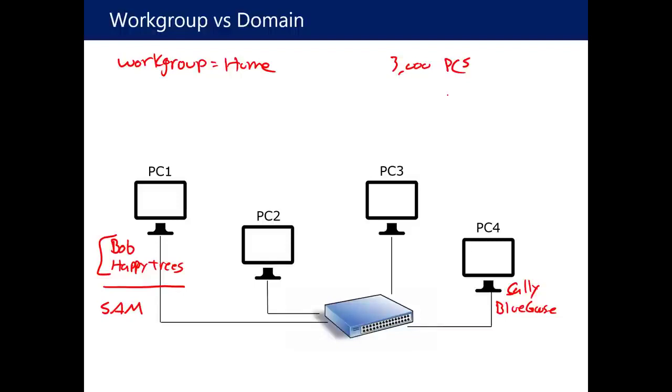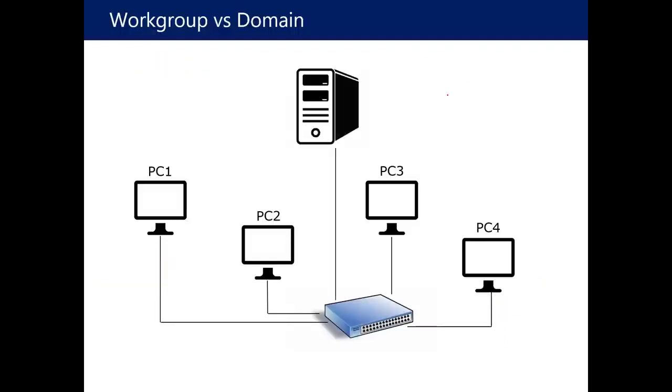So what all companies will run is a domain-based environment. A domain-based environment builds on this image by adding a domain controller. So we have a Windows server that functions as a domain controller. That's always called a DC.